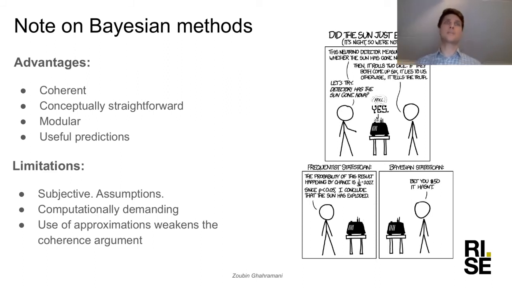Some notes on Bayesian methods have been made by Zoubin Ghahramani, who is a proponent of Bayesian methods. So the advantages of Bayesian methods are that you have coherency, and you have a straightforward conceptual idea of the whole thing. You have a modular decomposition from the Bayes rule, and you can get really useful predictions.